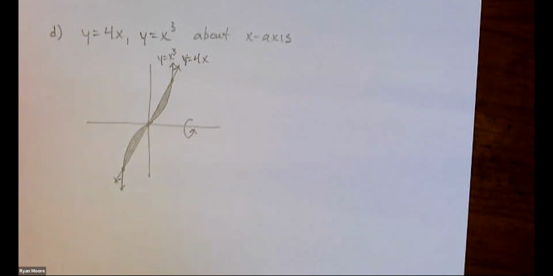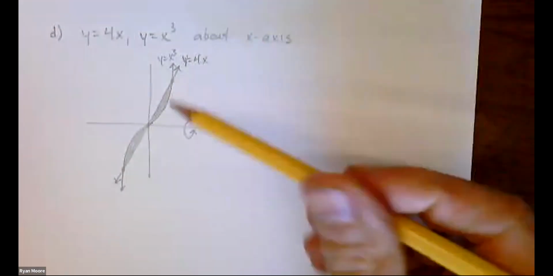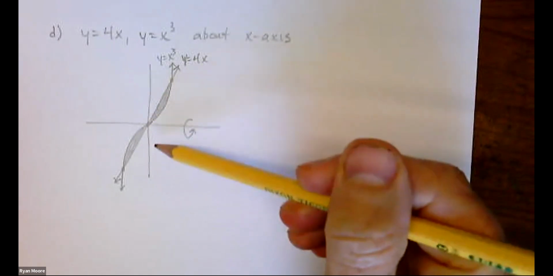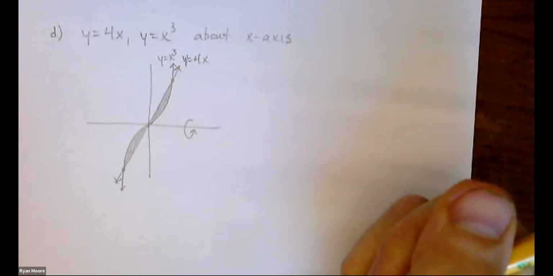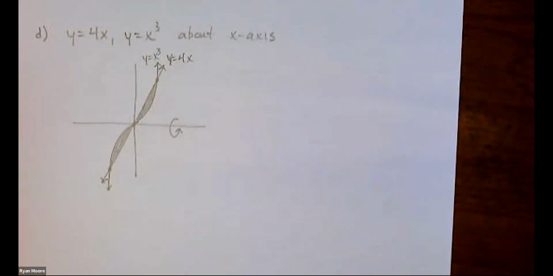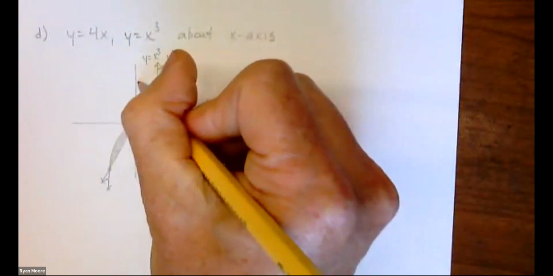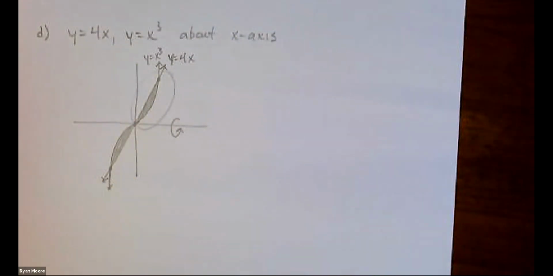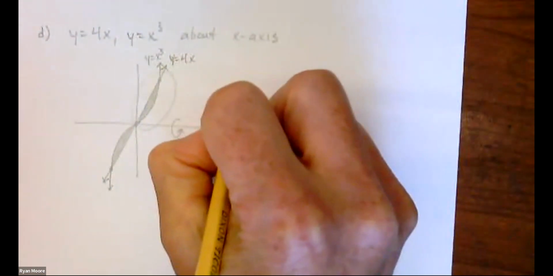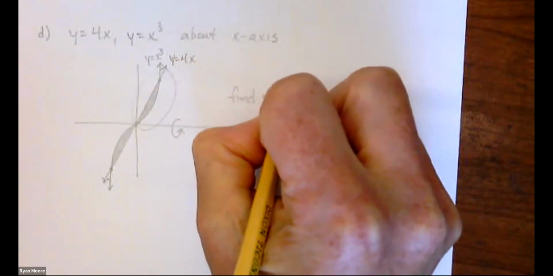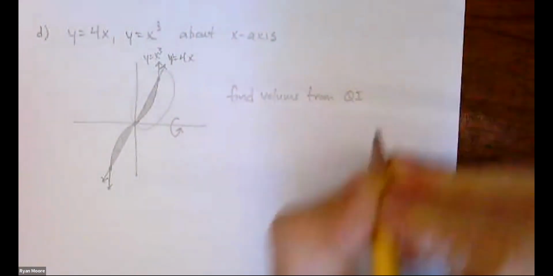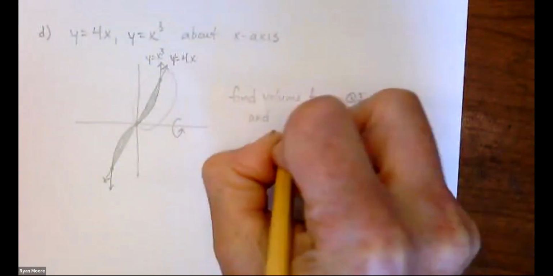You notice though, if we were to only take half of it and spin around, it's the same volume for the other half. So why don't we take advantage of symmetry? We'll only find the volume here in the first quadrant, and then we can double it. Find the volume from Q1 and double.